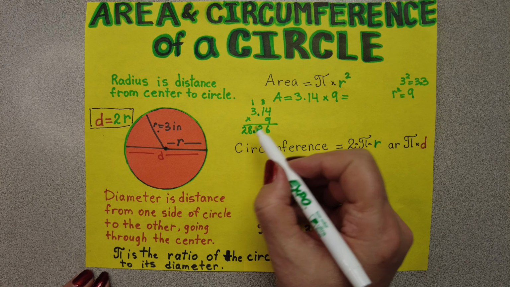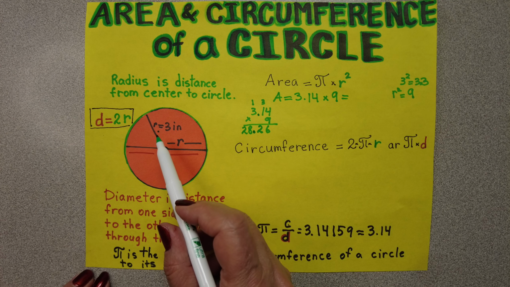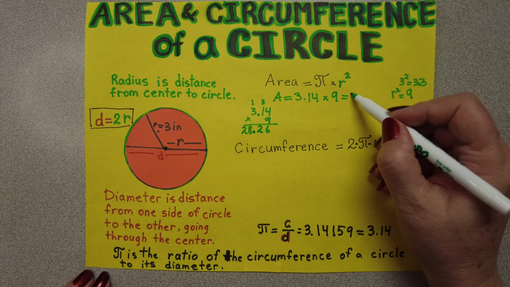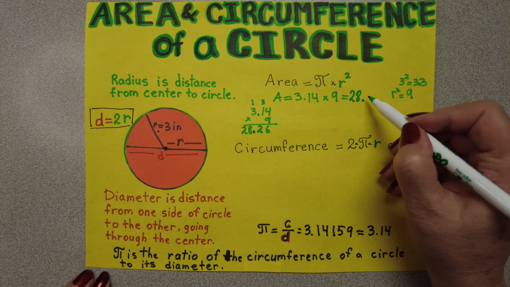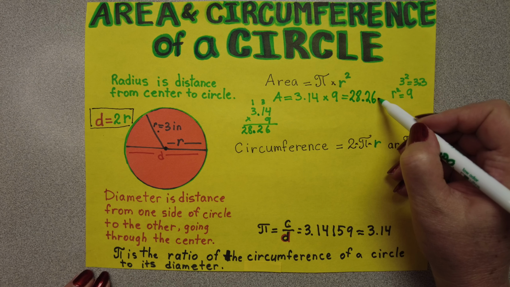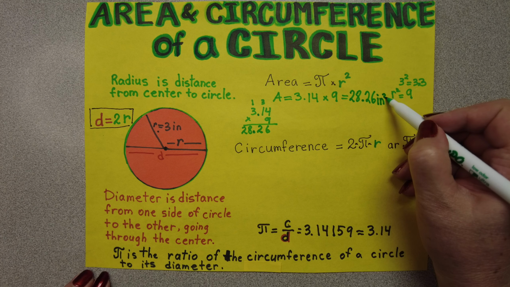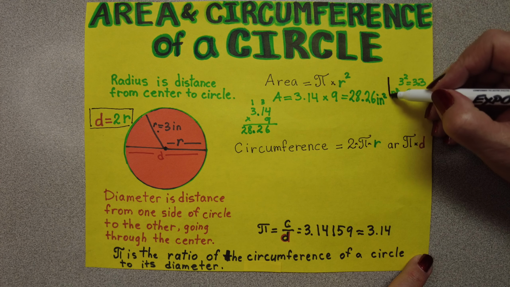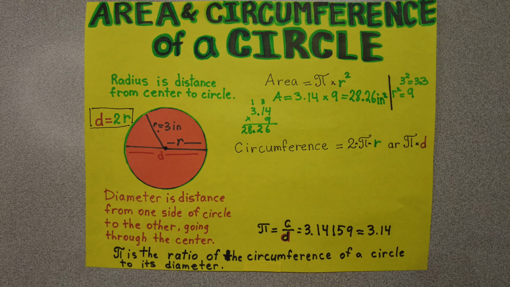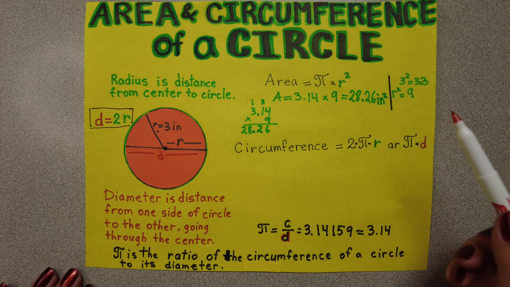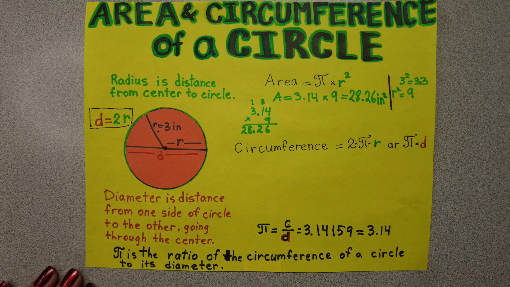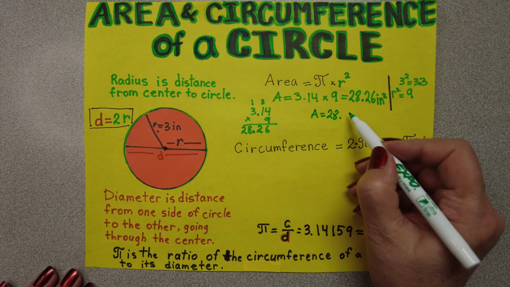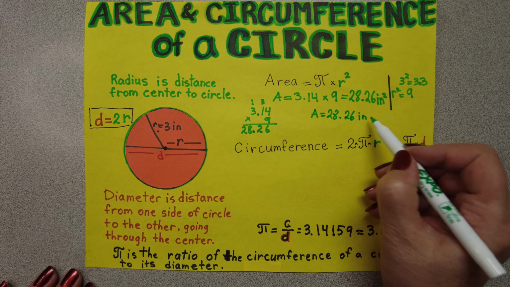So the area for this circle that has radius 3 inches will be equal to 28.26 inches squared. Remember, it's very, very important to put the measurement in square units when counting area. So area in this case equals 28.26 inches squared.